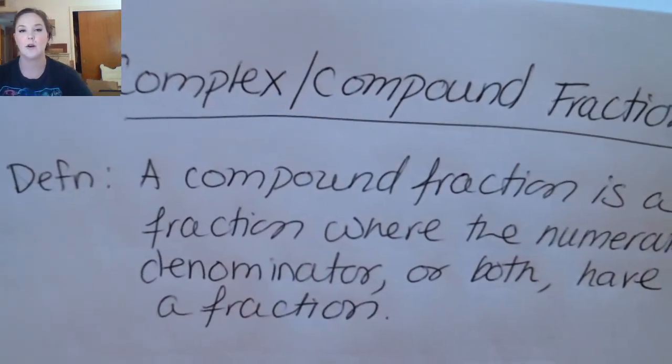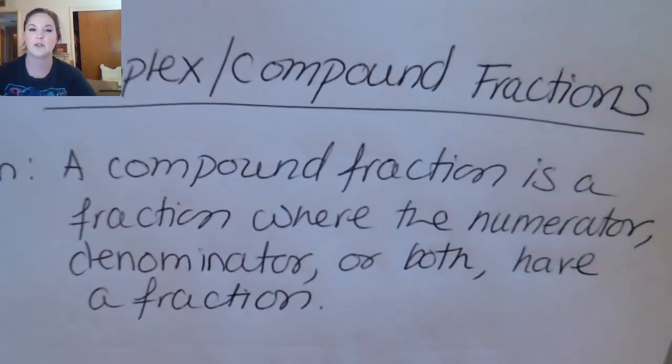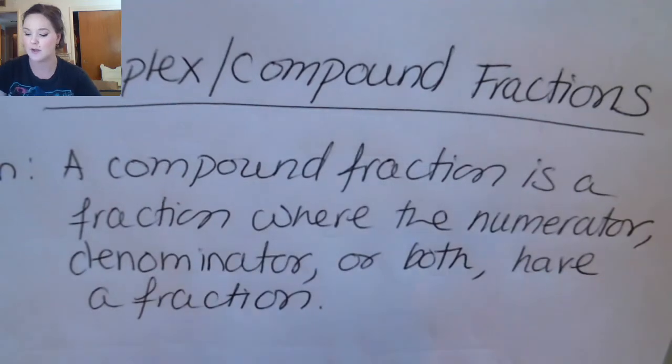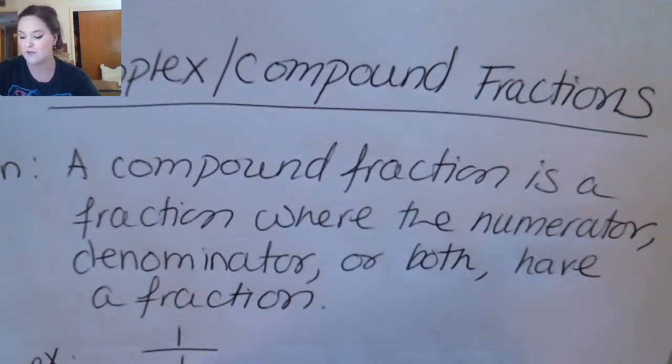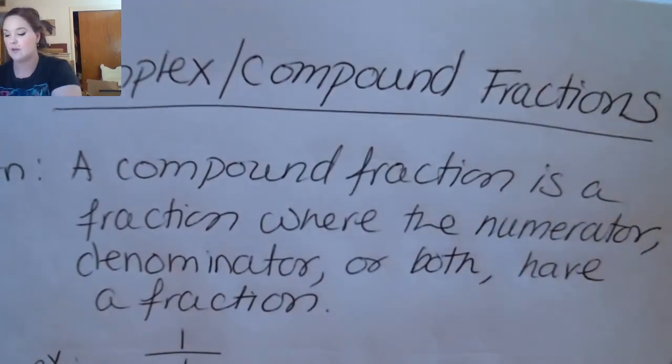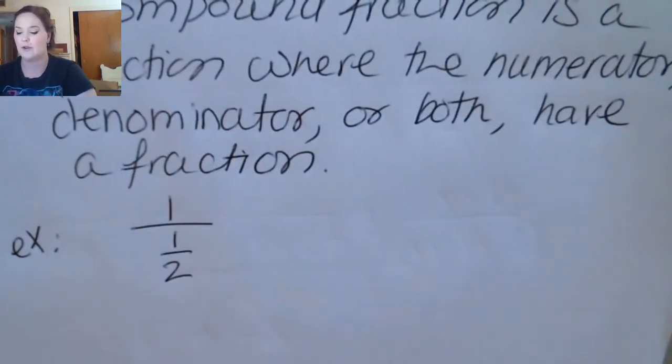A compound fraction is any fraction where the numerator of that fraction, the denominator of that fraction, or both of them have a fraction in them. An example that comes up a lot would be 1 over 1/2. That's an example of a compound fraction.